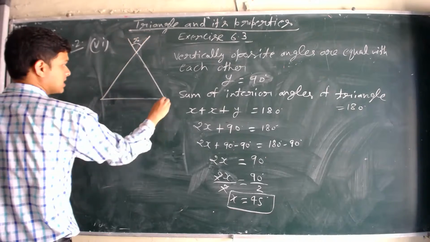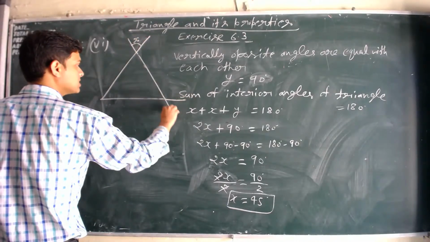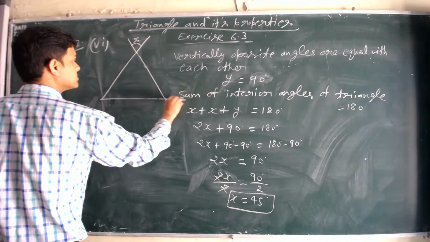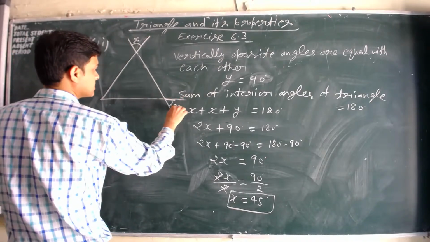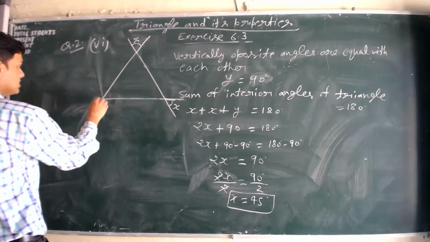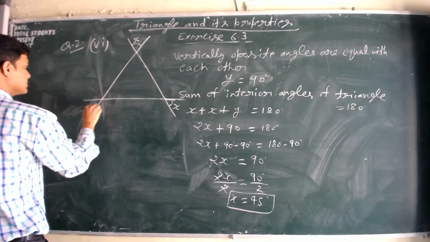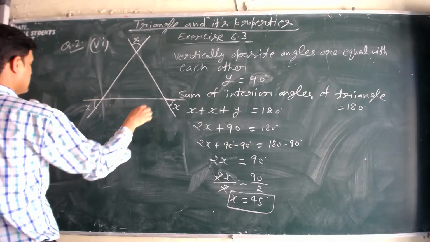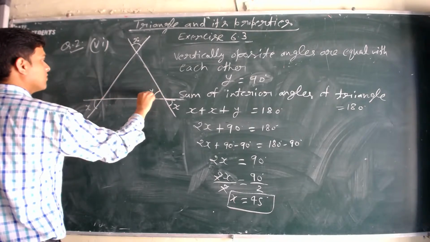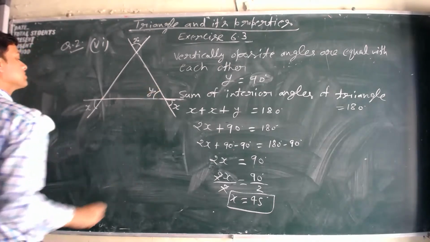Okay, and these two are also equal, and this angle is equal to x. And these two are also equal, and this angle is also x, and this angle is equal to y.